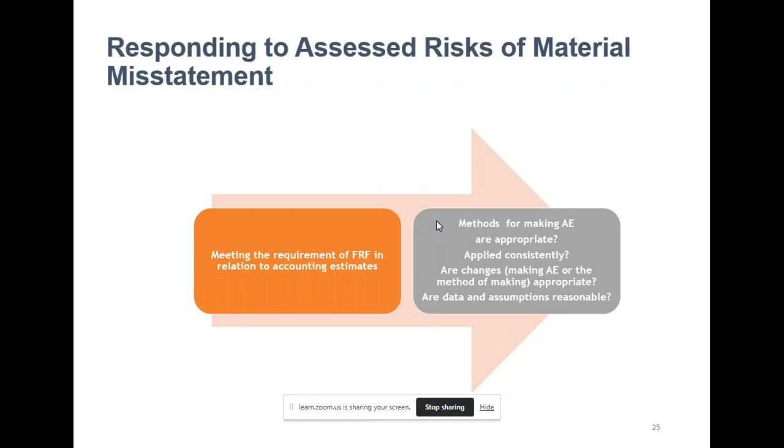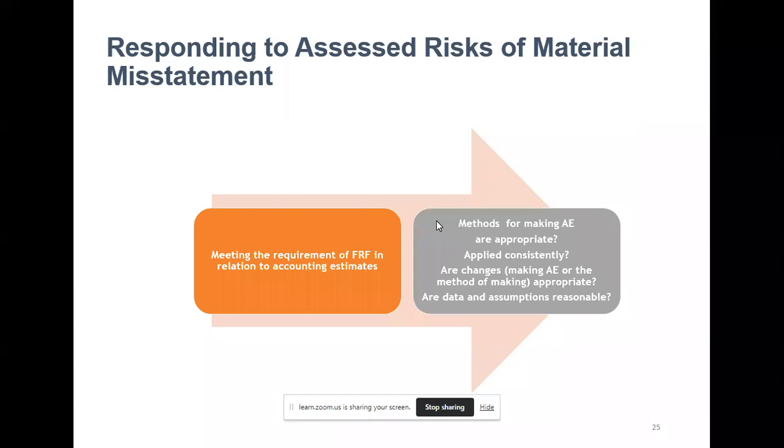So the accounting estimate cannot be measured precisely but can only be estimated. You need to have a method or model, which may be entity specific, or a method that is generally accepted or generally used, or a method specified by the standard, like the projected unit credit method when you do the actuarial valuation of defined benefit obligations.